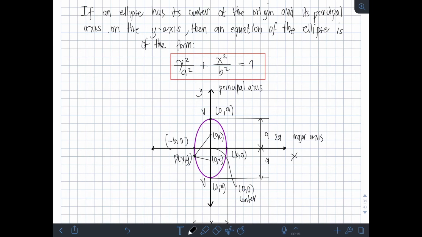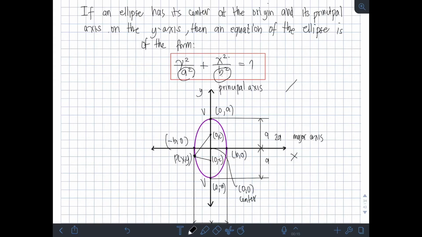Next, we also have another form for an ellipse. So, if an ellipse has its center at the origin and its principal axis on the y-axis, then an equation of the ellipse is of the form y squared over a squared plus x squared over b squared equals 1. You will notice that the positions of a squared and b squared are just swapped. Because earlier, the denominator of x squared was a squared, and the denominator of y squared was b squared.